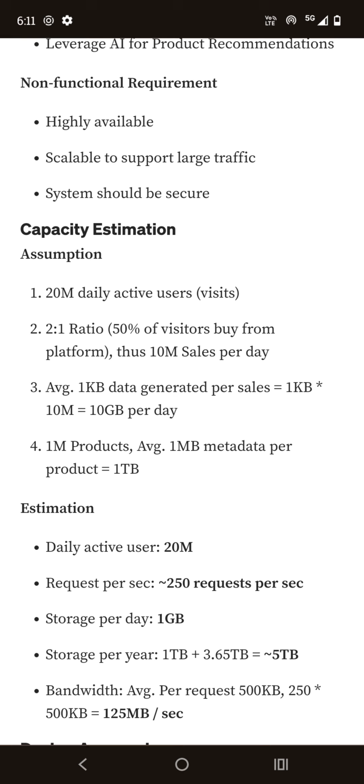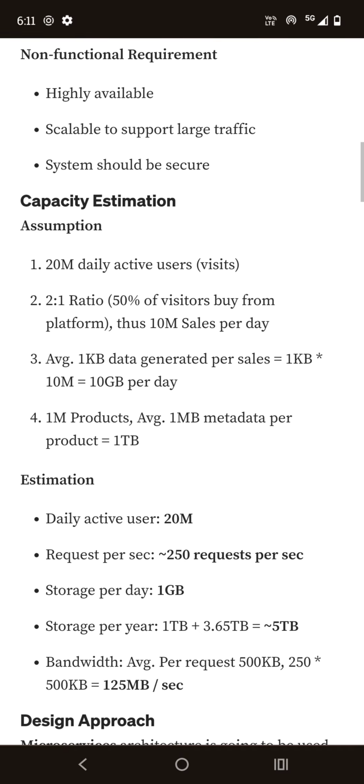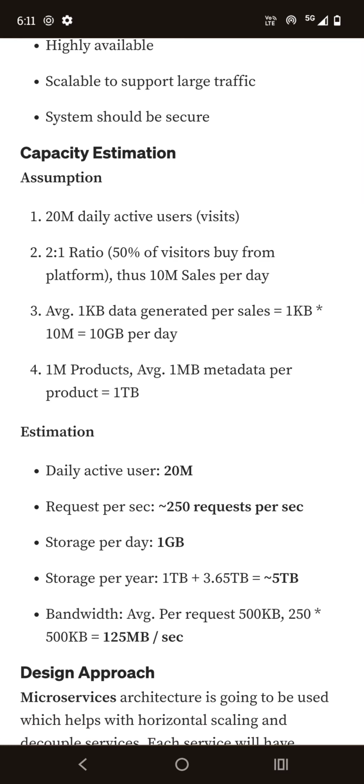For example, say 20 million daily active customers are there. Out of 20 million, only 50% actually purchase products from your website. Then it is 10 million per day, right? And if at least 1 KB of data is generated for one sale, for 10 million it would be 10 GB per day.